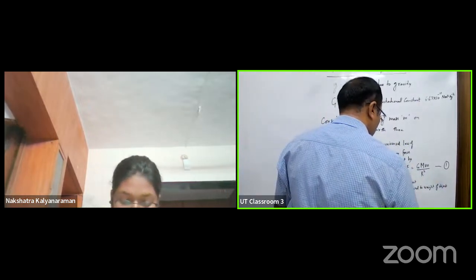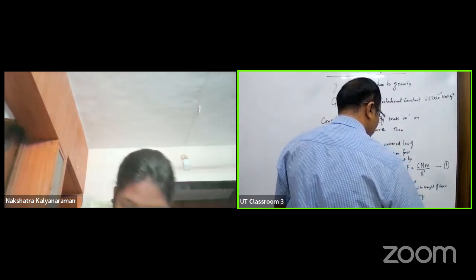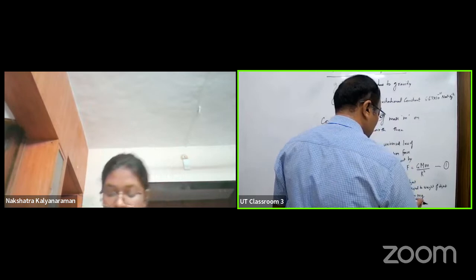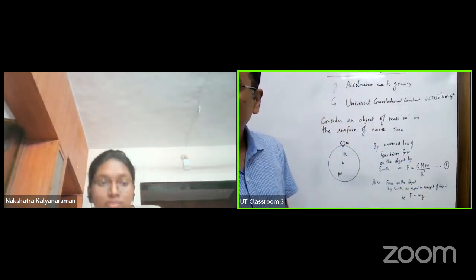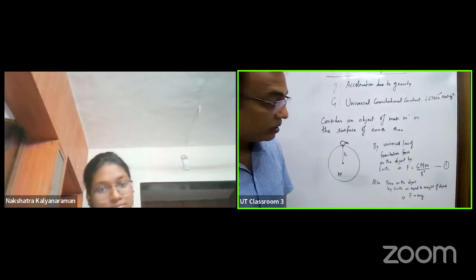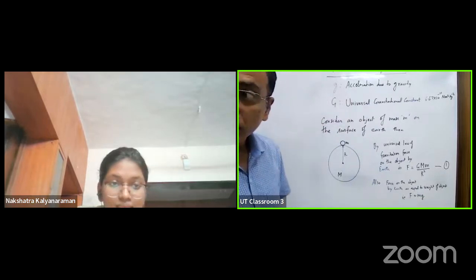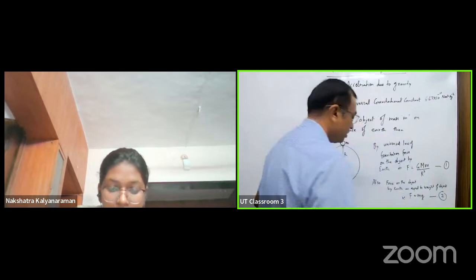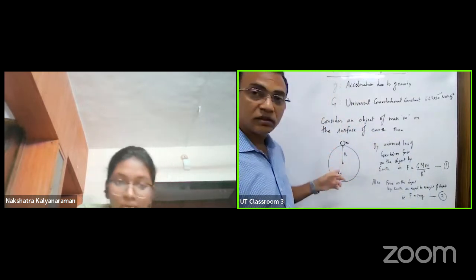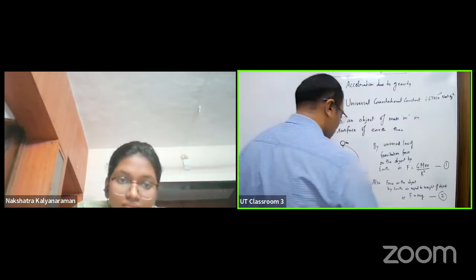So F is equal to mg. The weight of any object is given as the mass of the object into acceleration due to gravity, by Newton's second law, because acceleration a is g. So both these forces must be the same because they are exerted by Earth only on the object.